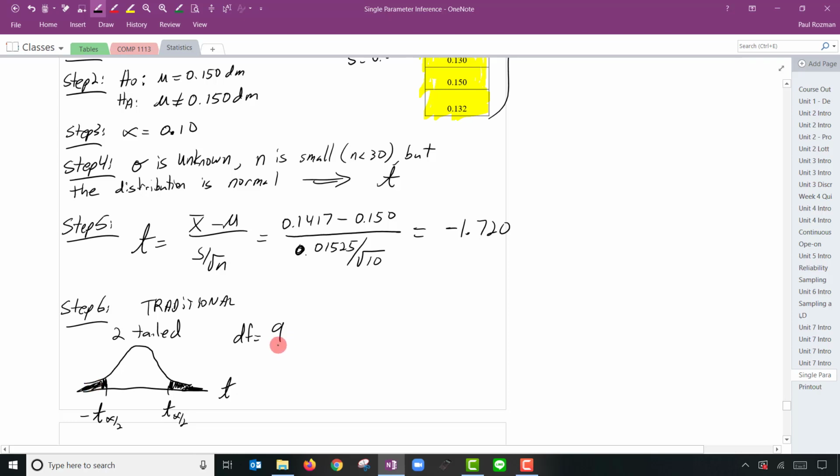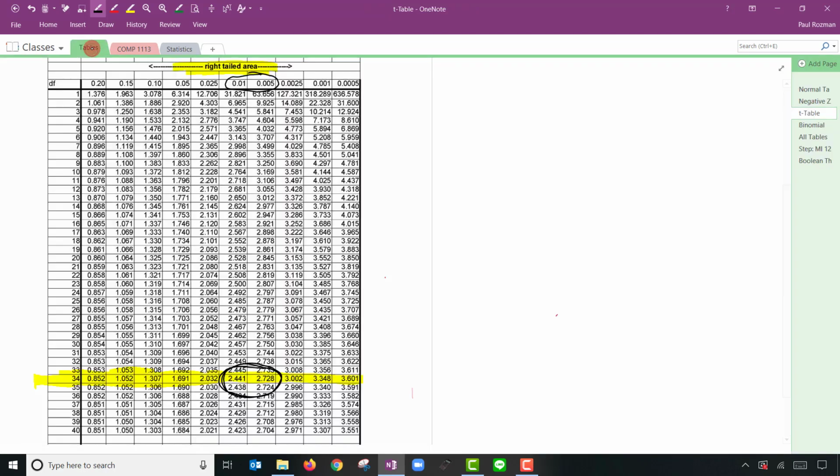So look up row 9 of your t-table, and our alpha was 0.1, so alpha over 2 is 0.05. That's our area. Let's go check that out in our t-table.